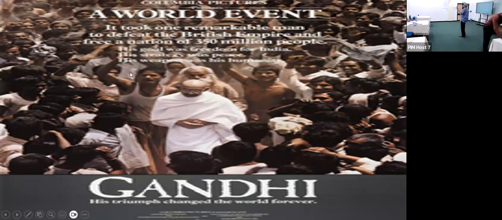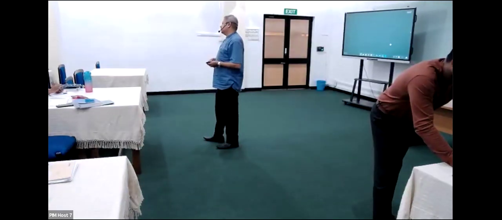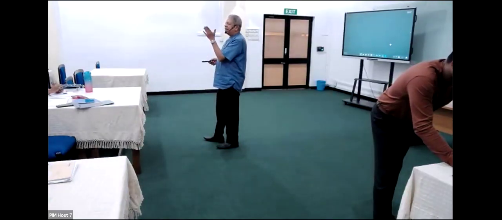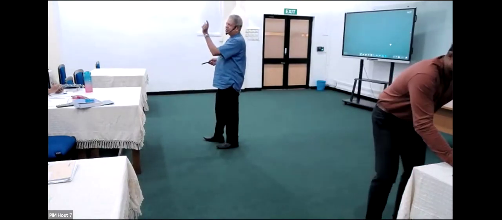So I'm going to show you three clippings from the Gandhi movie, where in the first clipping, Gandhi is still a budding lawyer. You know what a budding lawyer is, isn't it? No need to do a pregnancy test. So he's an emerging lawyer in South Africa. And then he has an encounter with his wife and he appears in a public front, first clipping.